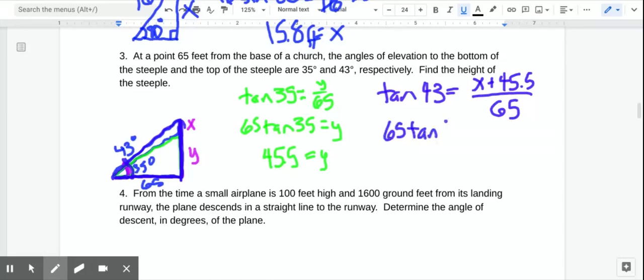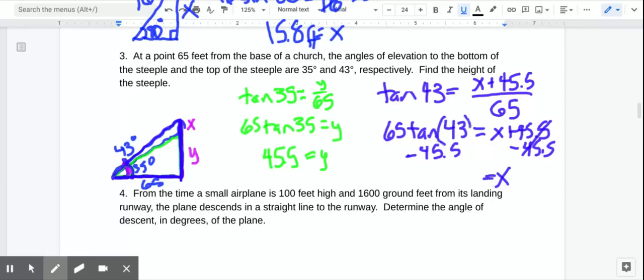So 65 tangent of 43. And then we'll put this into our calculator. Well, first we'll subtract 45.5 from both sides. Now, obviously, those are not like terms. So now what you're going to do is go to your calculator and type in 65 tangent 43. Make sure you close the parentheses, and then subtract 45.5, and we get 15.1 feet. And that's how tall the steeple is.